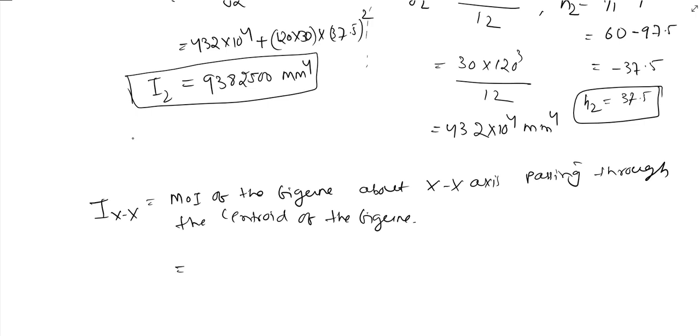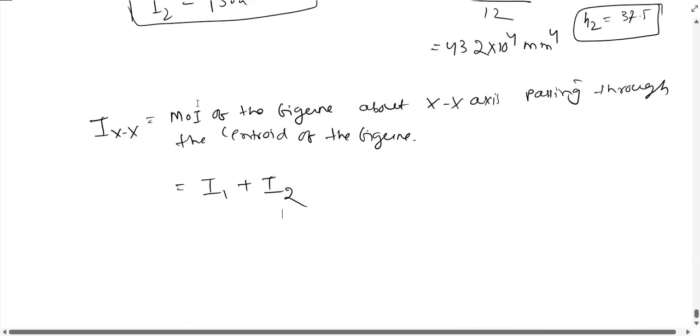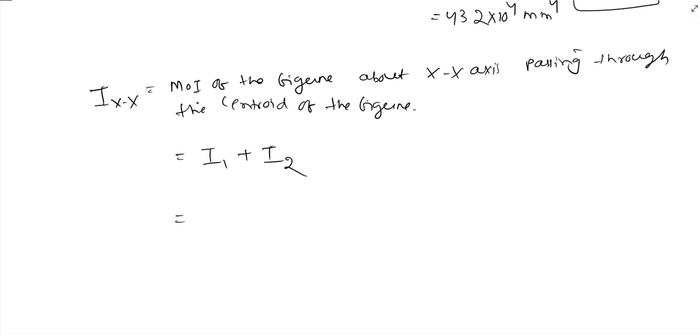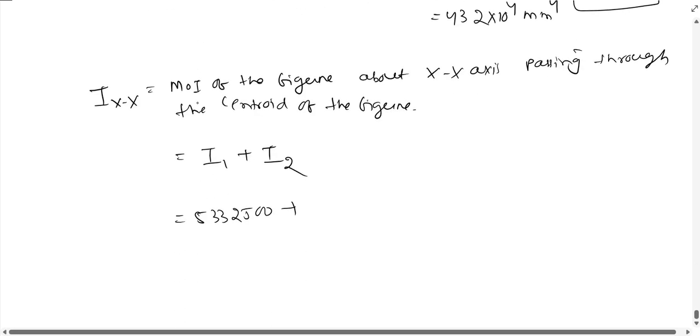So Ix equals I1 plus I2. I1 is 5332500 and I2 is equal to 9382500 mm to the power 4.